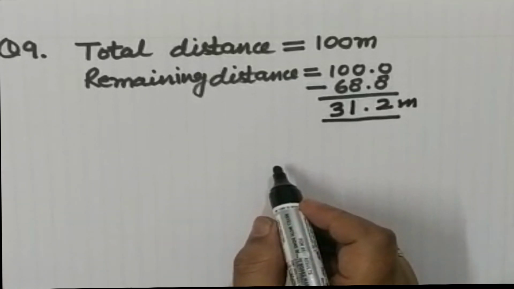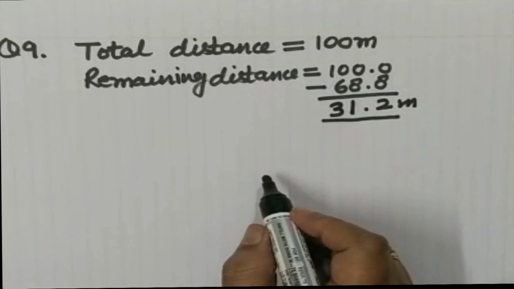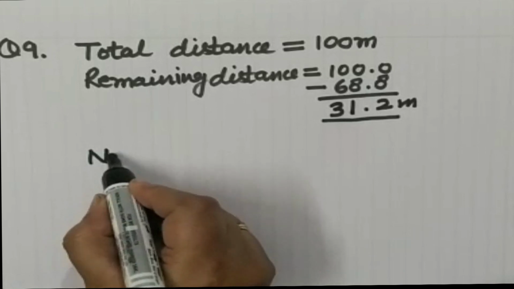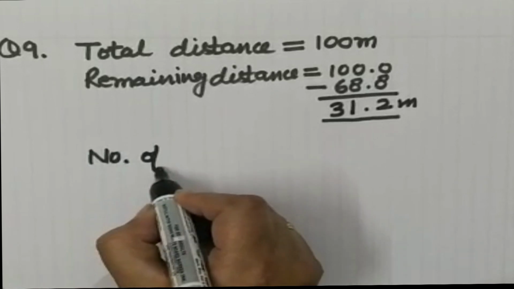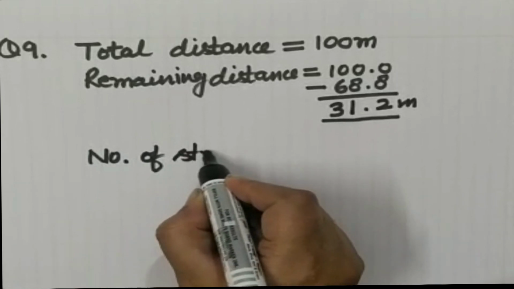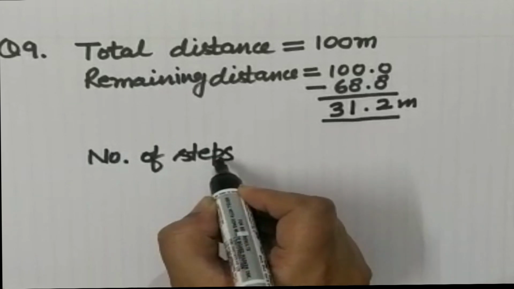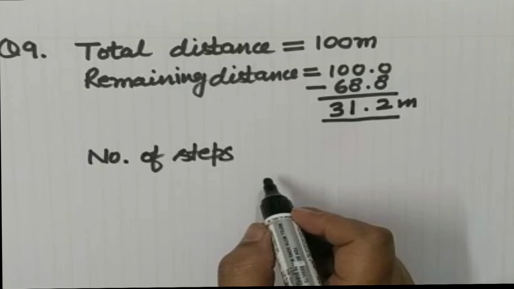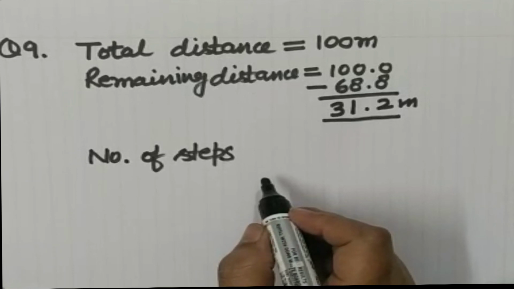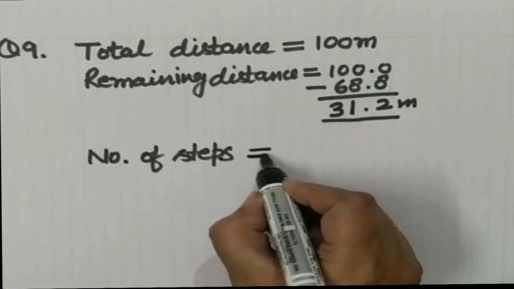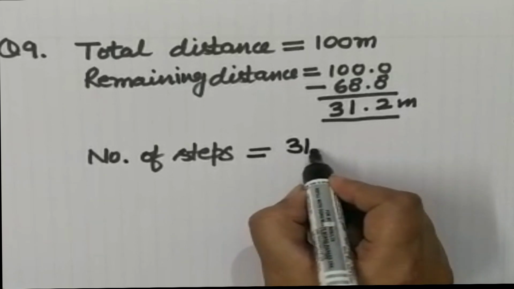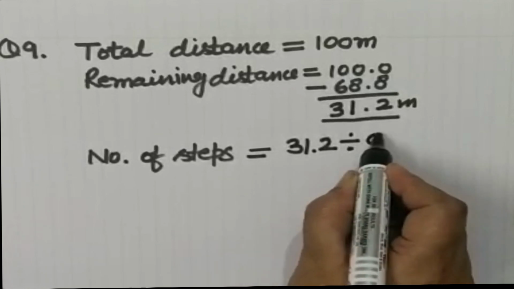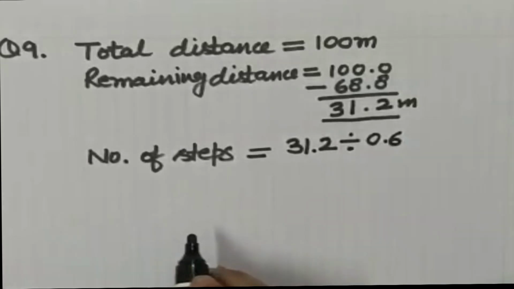So the question is, how many steps remained for Rohan to finish the race? Number of steps: Rohan covers 0.6 meter in each step. So 31.2 divided by 0.6.